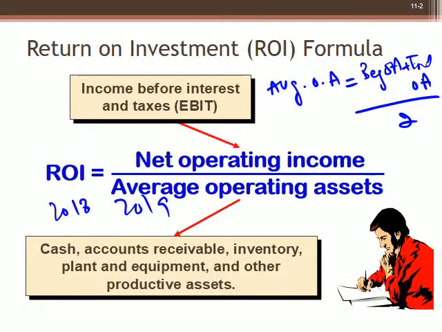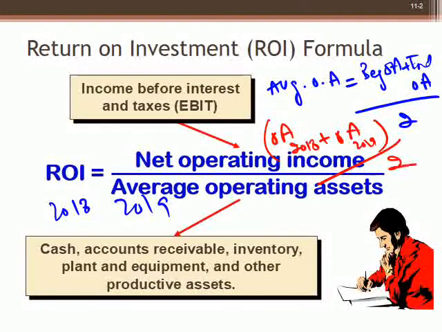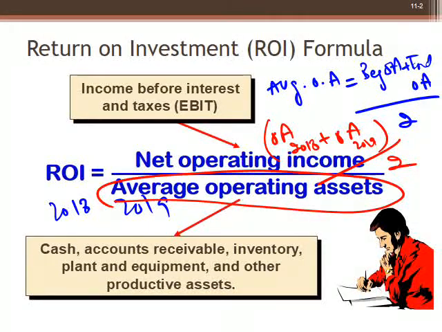In a sense, operating assets 2018 plus operating assets 2019 divided by 2, right? This is how we calculate the average operating assets.